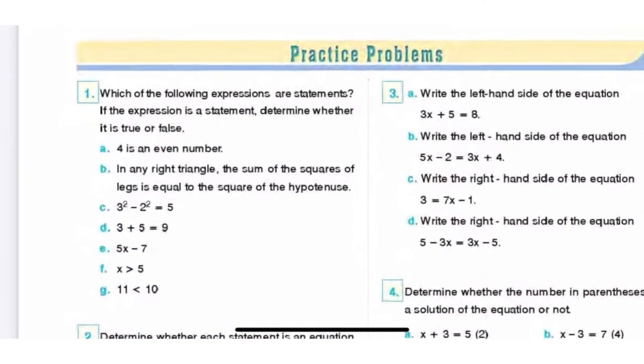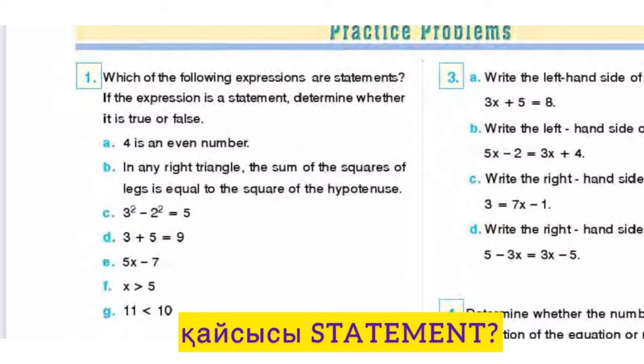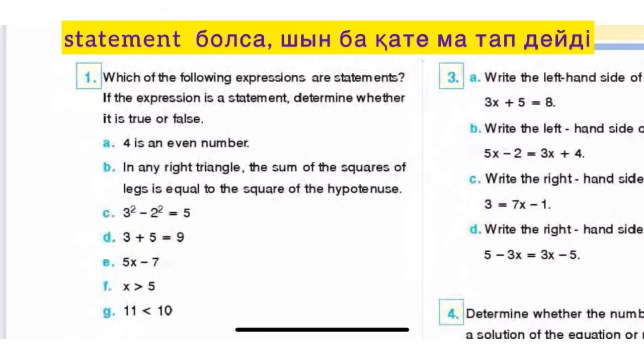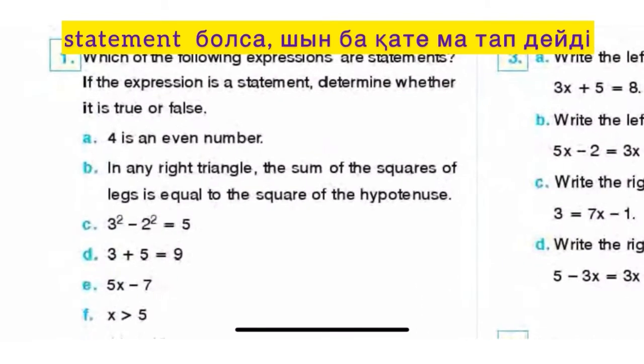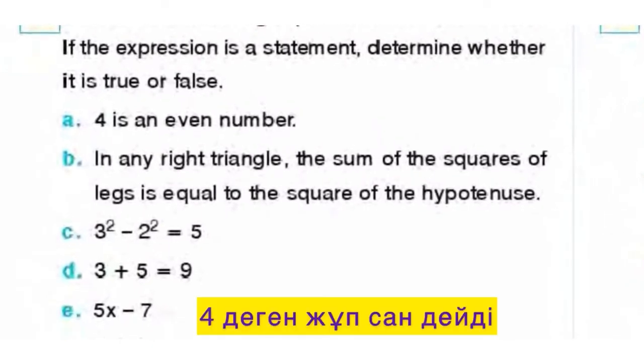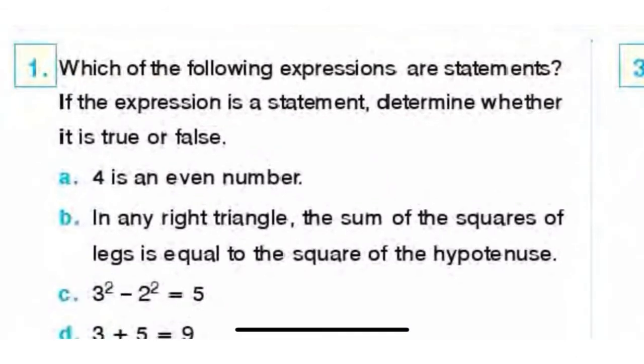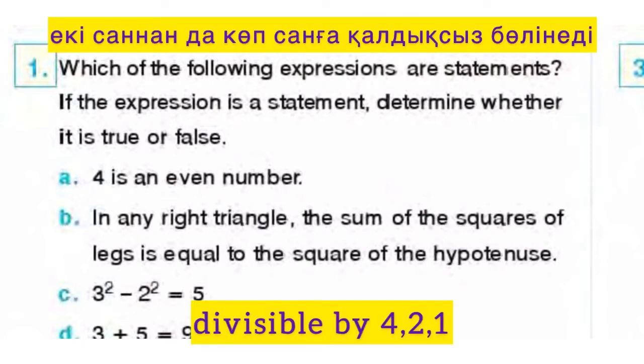Now let's answer some questions. Which of the following expressions are statements? If the expression is a statement, determine whether it is true or false. Let's look at the first one. 4 is an even number. Is 4 an even number? Yes, it is. How do we find it? 4 is divisible by 4, 2, and 1.